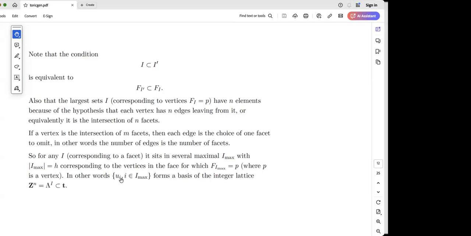So u sub I, where I is in I sub max, form a basis of the integer lattice in the Lie algebra of the maximal torus T. Notice that what I was denoting as the weight lattice, lambda sub W, is the dual lattice of the integer lattice, lambda sub I.